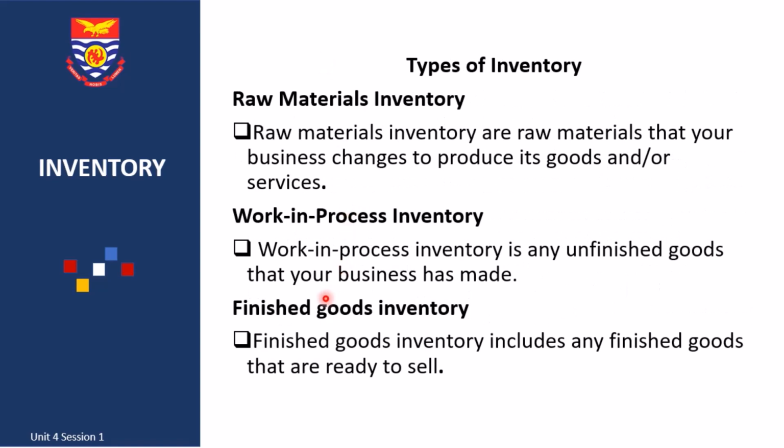So we have three basic types of inventory, that is raw materials, work in process or work in progress inventory, and finished goods inventory. If you take raw materials, that is what every converter or manufacturer takes so that they add value and convert into a finished good. So raw materials are basically the materials or the goods in their raw form that have no value.